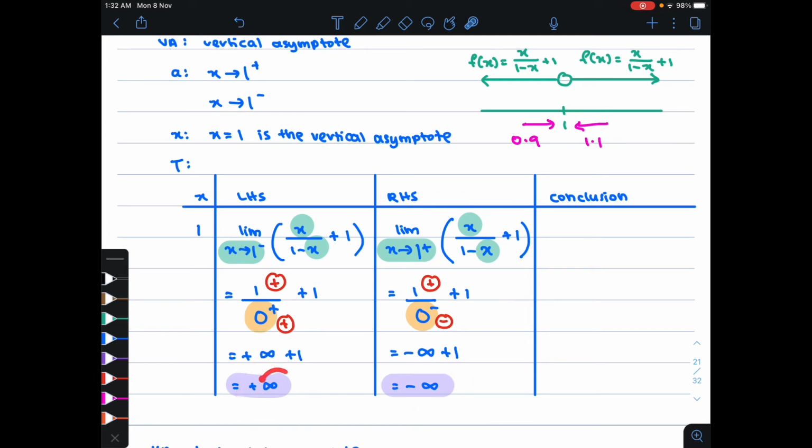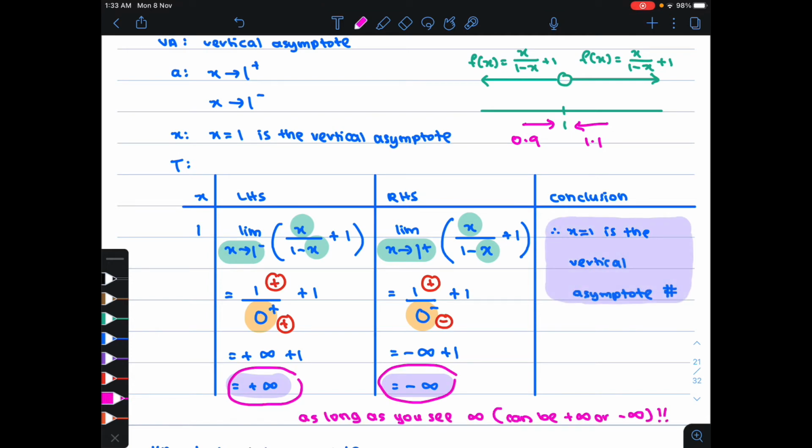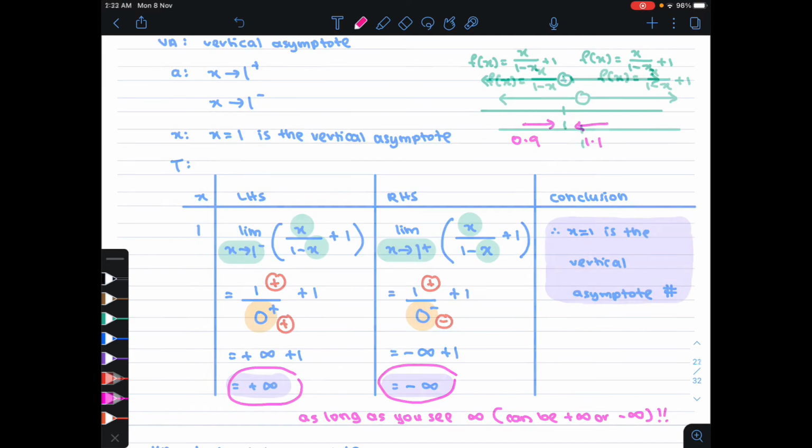As long as it is infinity, this means that this statement is correct. So just copy down this statement back into your conclusion. Therefore, x equal to 1 is the vertical asymptote. So that is how you find vertical asymptote using VEX T.